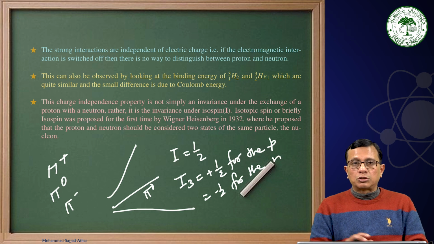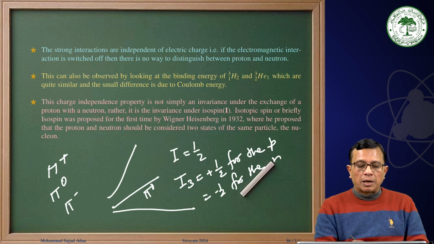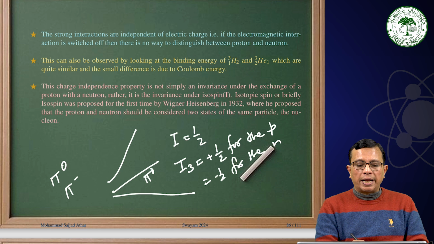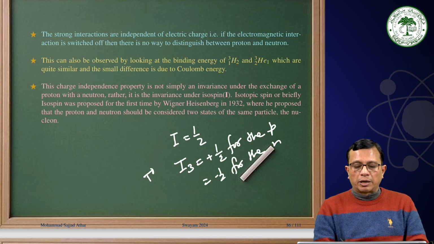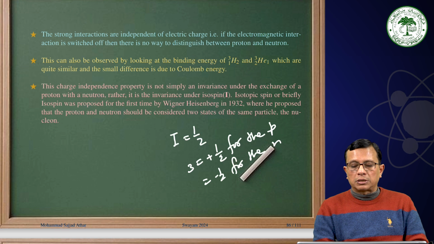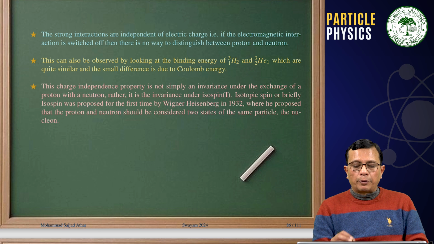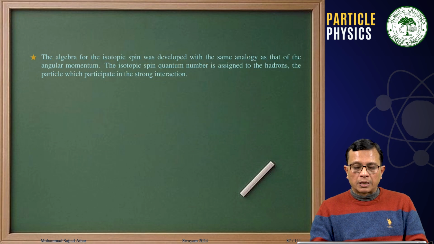But if there is no magnetic field, there is no way to distinguish among pi plus, pi 0 and pi minus. That is why we assign an isotopic spin quantum number 1 to these pions: +1 for the pi plus, 0 for pi 0 and -1 for pi minus. These are the projections of isotopic spin.